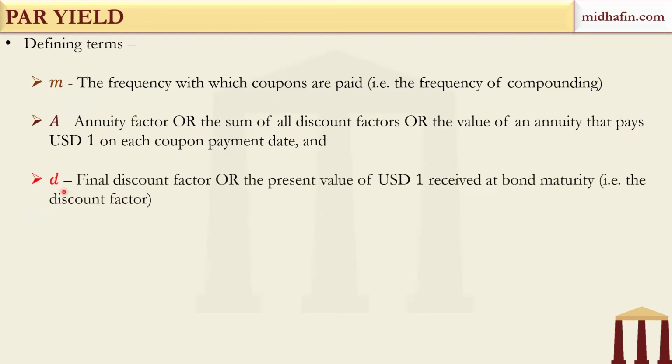Also, we'll remember small d as the final discount factor, not in the way which Garp has defined it, because it makes our job a bit difficult. We'll just remember d is the final discount factor, A is the annuity factor, which means this is the formula for par yield. Okay. Fine.